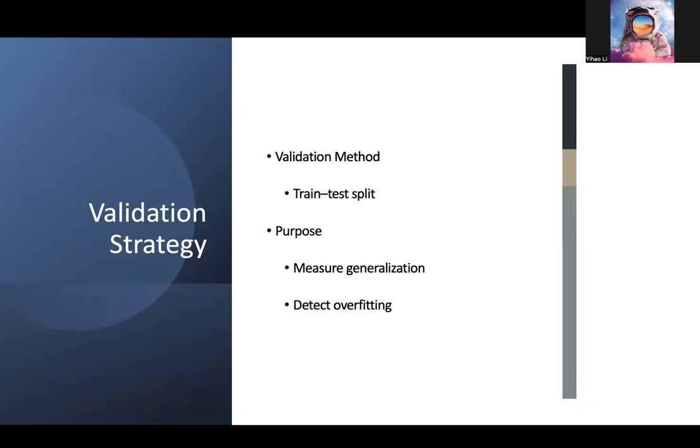This approach allows us to assess how well the model generalizes beyond the training data, and it helps prevent overfitting, where a model performs well on the training data but poorly on new data.